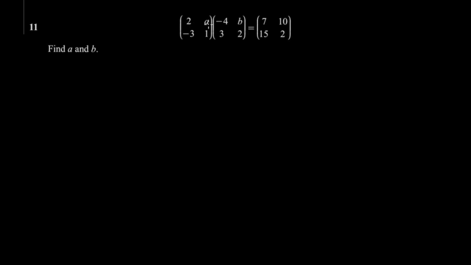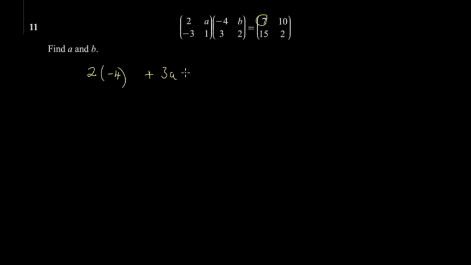So for the first row, for the first entry rather, you can have 2 by negative 4 plus 3a. Okay, so this row by this column here, that's what we did. So this row by this column, it actually represents this entry here.